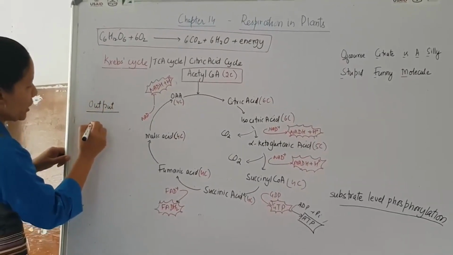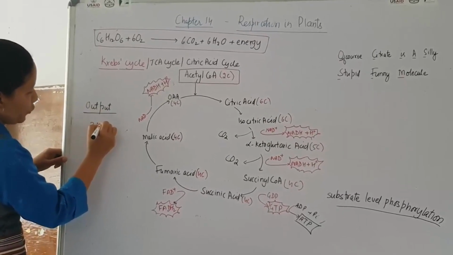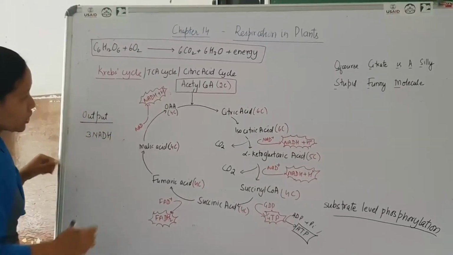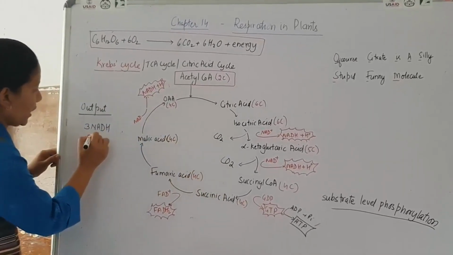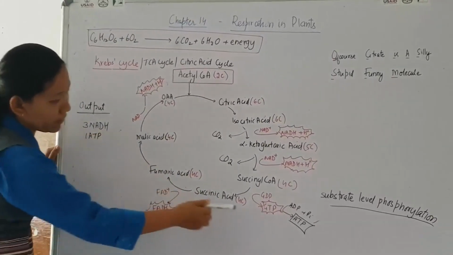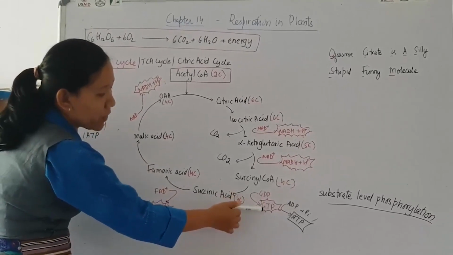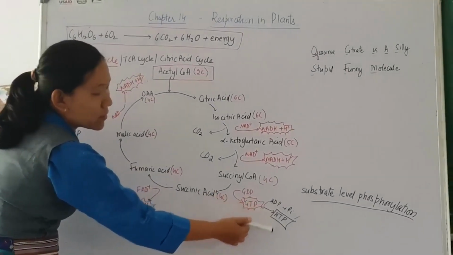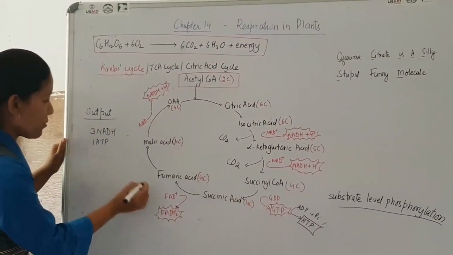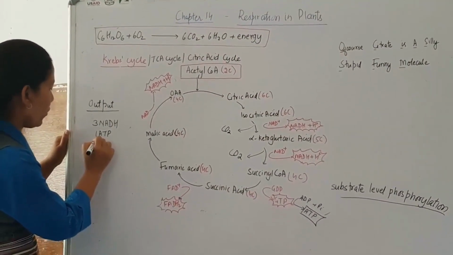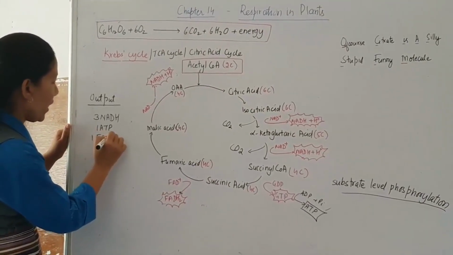The output of energy: you can find 3 NADH per cycle here, and then 1 ATP. See here, there is a synthesis of GTP, which is coupled with the synthesis of ATP when we convert it back into GTP.